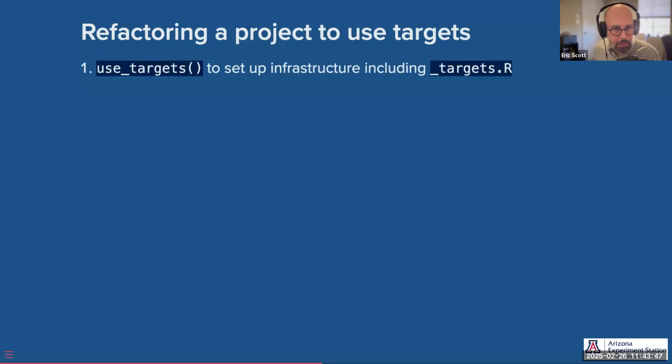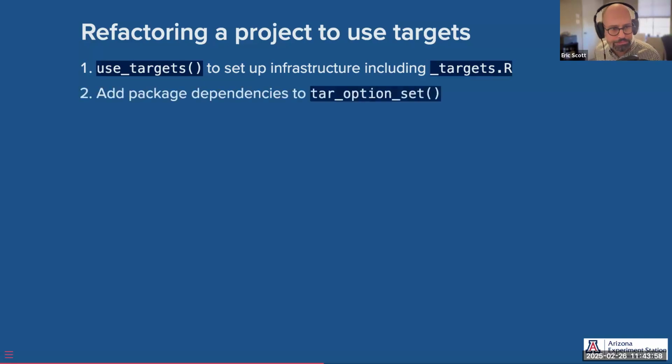So these are the steps that we're going to take. First, there's a really handy use_targets function in the targets package that will give you a template _targets.R file to work with. Then we're going to figure out what packages are used by our code and put them in that tar_option_set. We saw that in the demo.